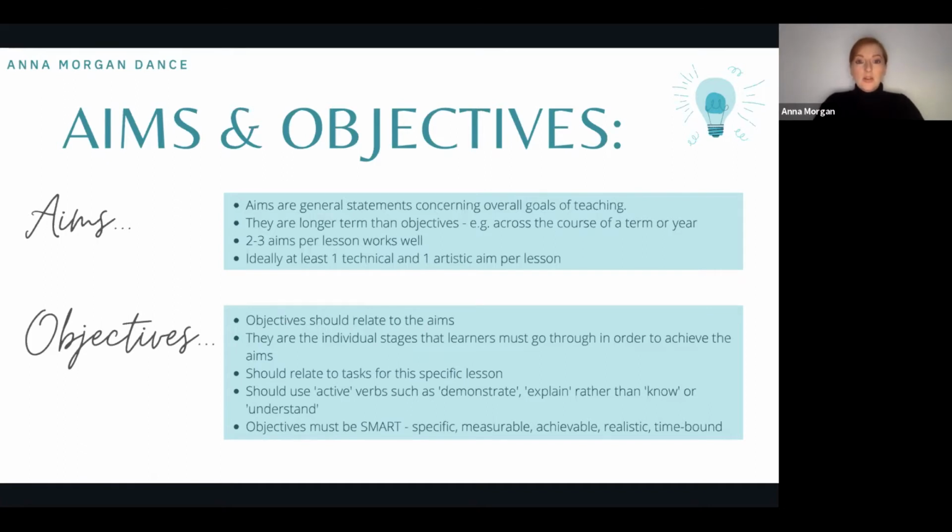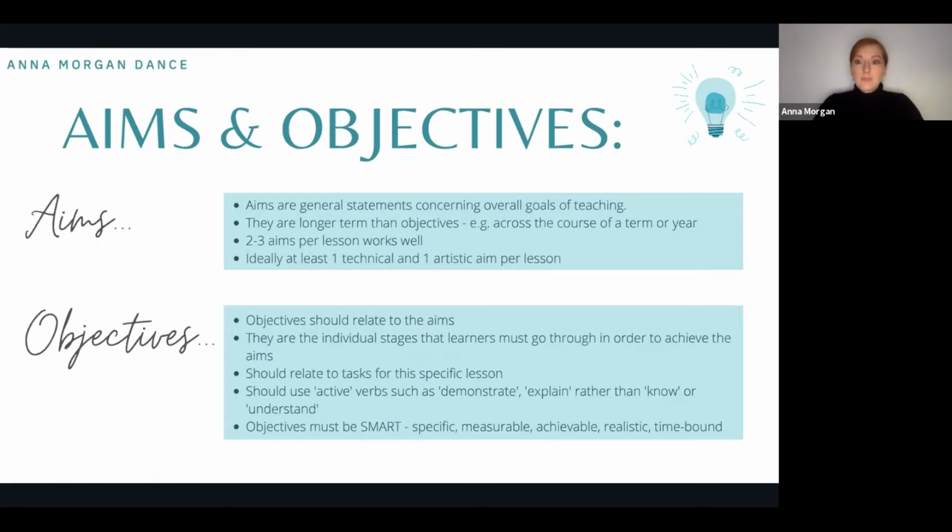Measurable. So there's no use having an objective, but you've got no idea how you're going to actually assess whether or not that was achieved. Achievable and realistic. So you're not going in your grade 1 class and trying to teach them 32 fouettes. You're giving your students objectives and targets that are achievable and realistic, and then time bound.